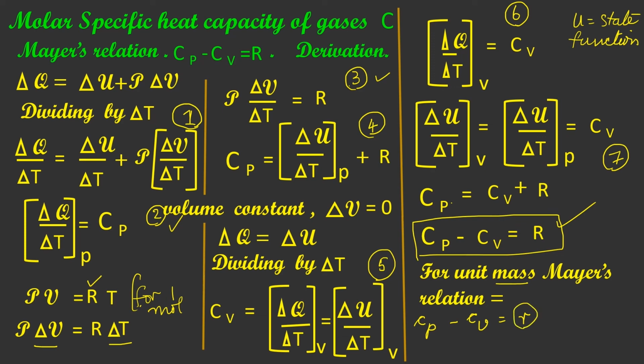Here, small r is the gas constant for unit mass. Small letter cp and cv are specific heat capacities of the gas for unit mass. I hope you notice the difference. So, Mayer's relation can be written for molar specific heat capacity as well as for ordinary specific heat capacity.